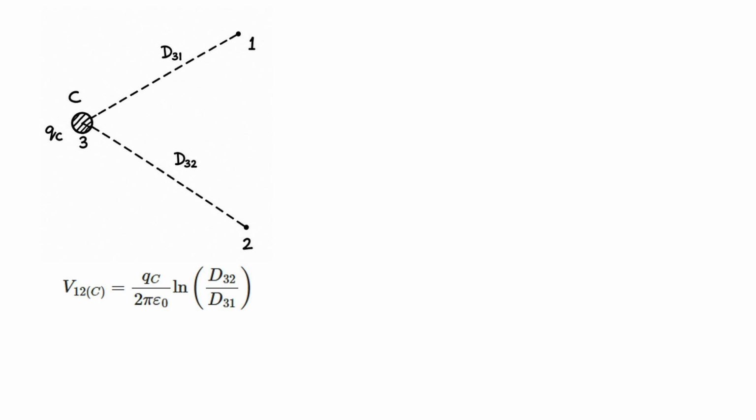Now, let us consider the second case, where only conductor A exists at position 1 and we remove conductor C from the system. Then, we will calculate the voltage appearing across positions 1 and 2. That will be nothing but V_12 within brackets A, because this voltage is appearing across positions 1 and 2 due to conductor A alone.